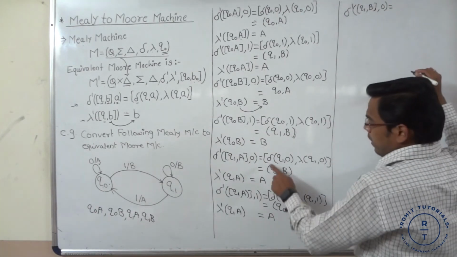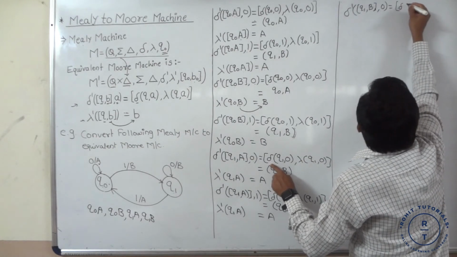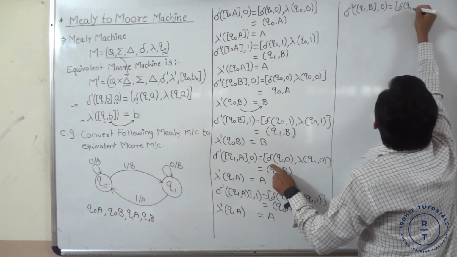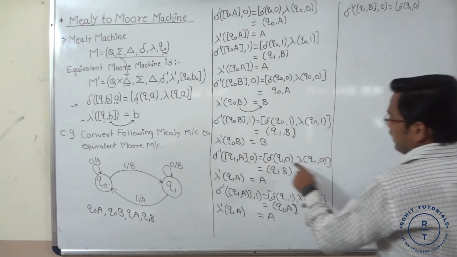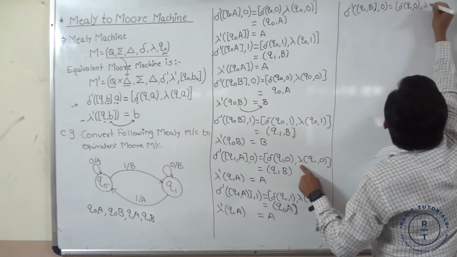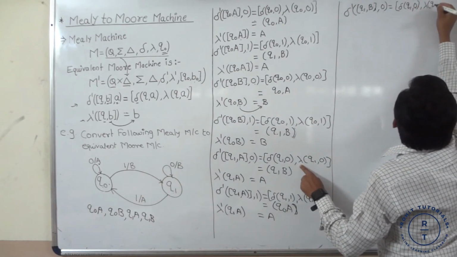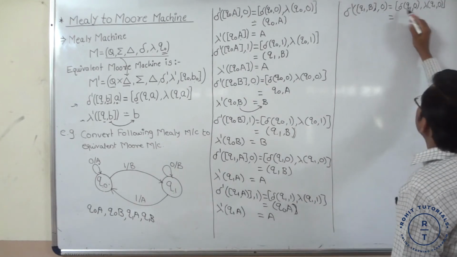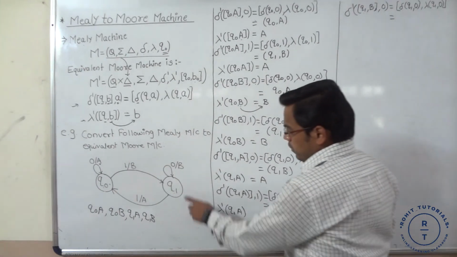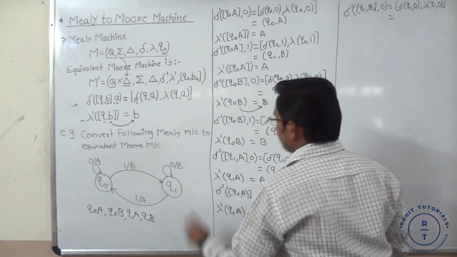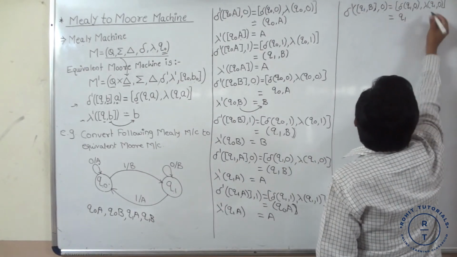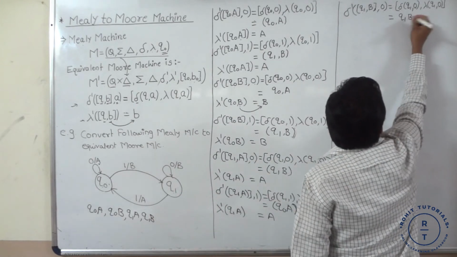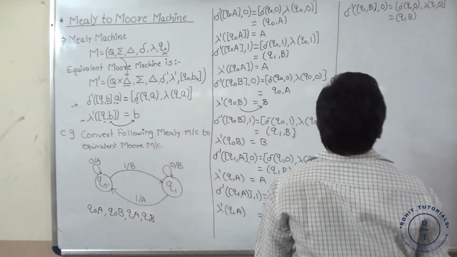For that formula is transition function Q1 state 0 input, and next is output function Q1 state 0 input, which is equal to transition Q1 0 is occur, it goes to Q1 self loop, and Q1 state 0 is occur, what is the output? Output is B. So this is the newly generated state.